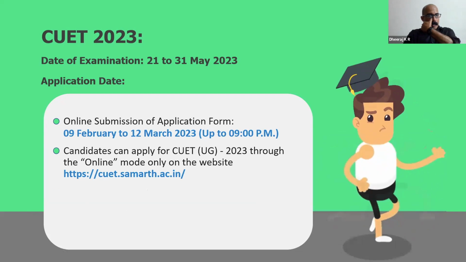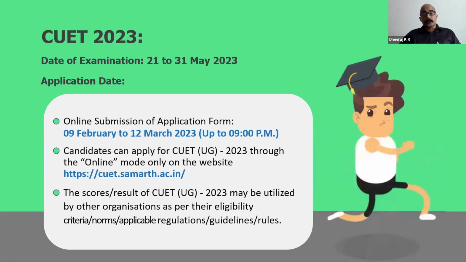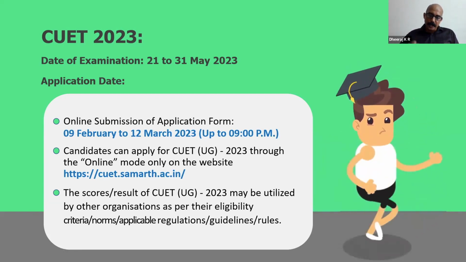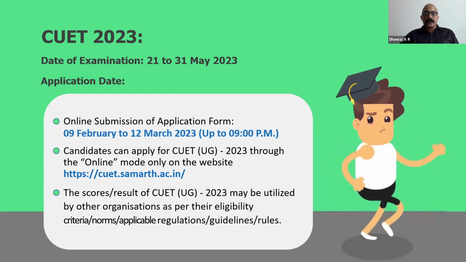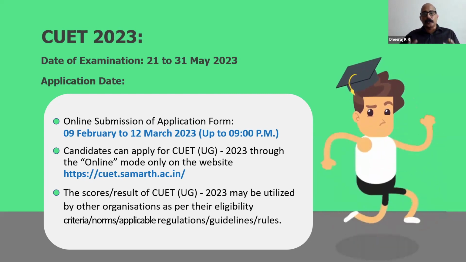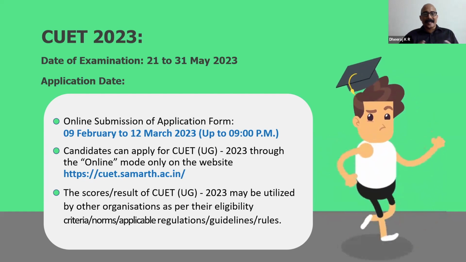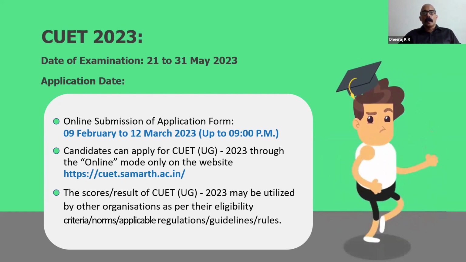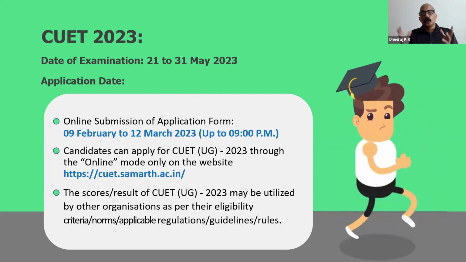And another thing is, this CUET score is considered by other universities also. Any universities other than central universities, if they wish to take the score, they can take this score and give admission to students.